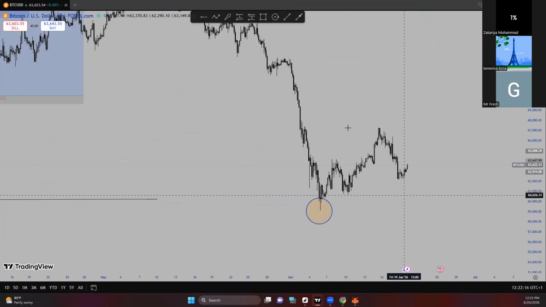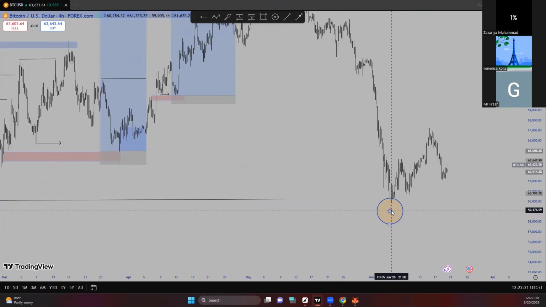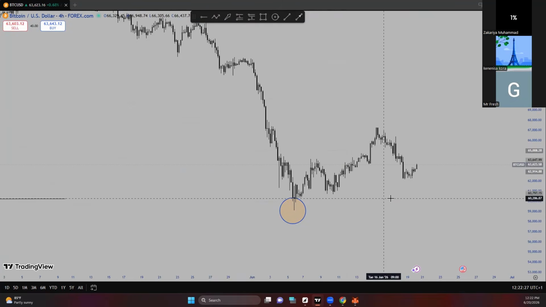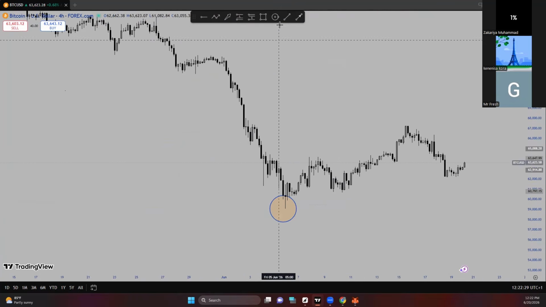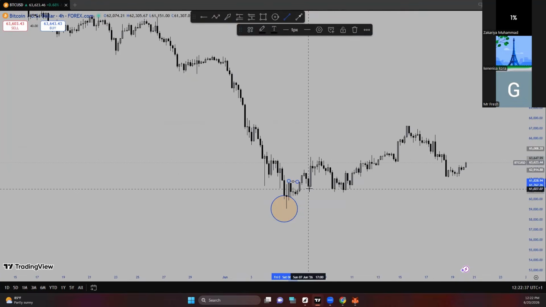This zone that the market tapped into is a higher time frame key level. It's not reacting from any zones, but the market gave us a reversal pattern, breaking structure to the upside, giving us a market structure shift. And our liquidity.